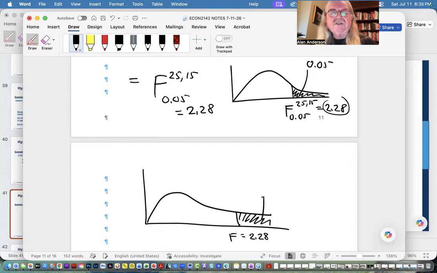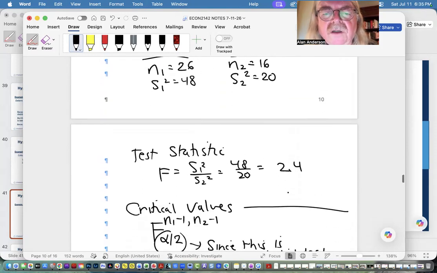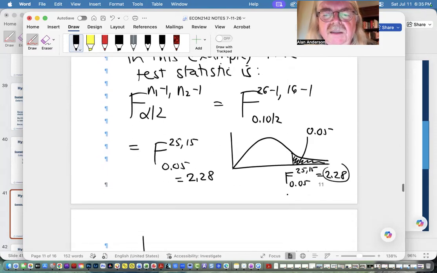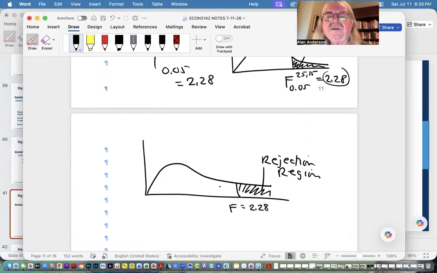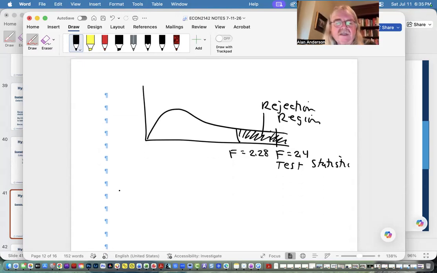And this, of course, is the rejection region. But the test statistic was 2.4. So you can see we just barely made it into the rejection region. Remember, this is a two-tailed test.